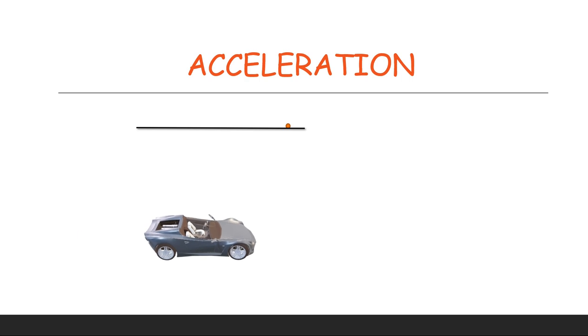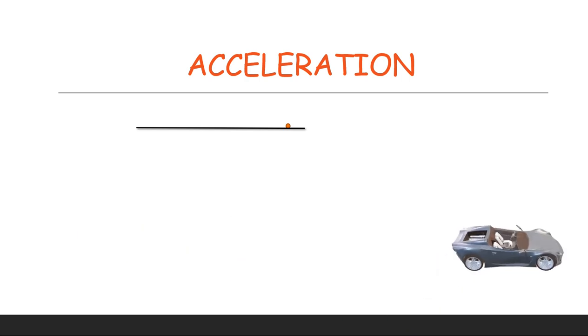For uniform motion, there is no change in velocity, it is 0, fine. But for non-uniform motion, there is a change in velocity at every time, right? If you measure the change in velocity from one point to the other point, there will be a change. That change in velocity for a particular time t is given by the quantity acceleration.